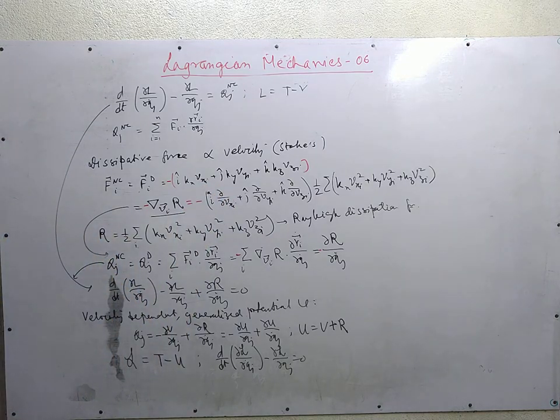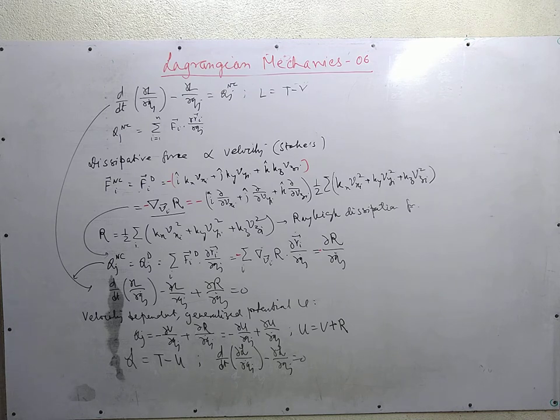Sometimes it would be convenient to introduce generalized potential. In general, the potential does not depend on velocity for a conservative system, but for a non-conservative system, the potential may depend on velocity.